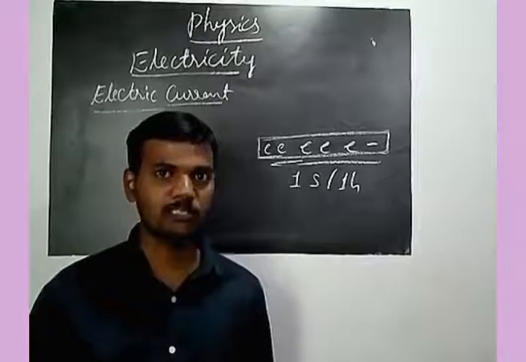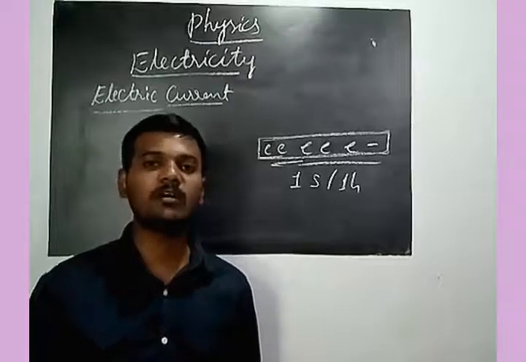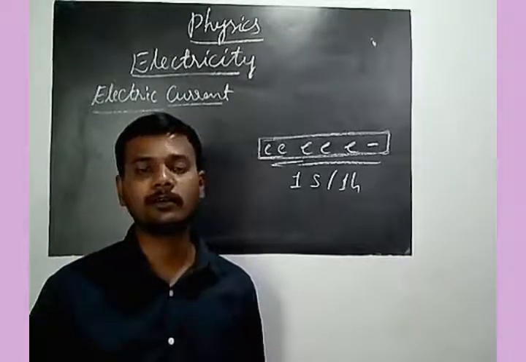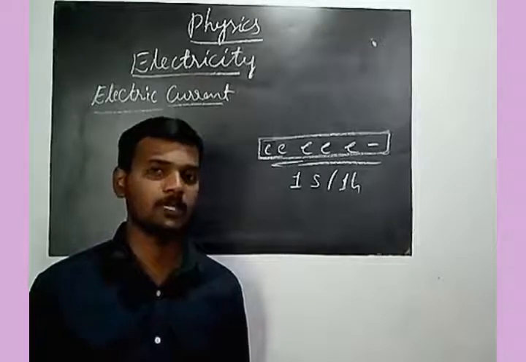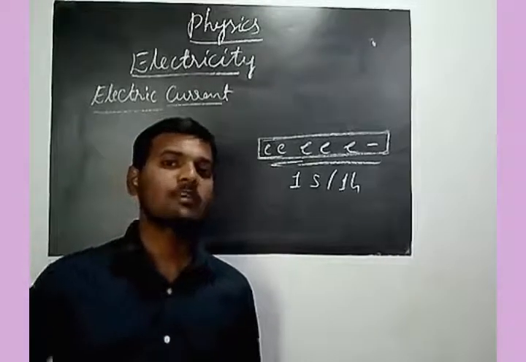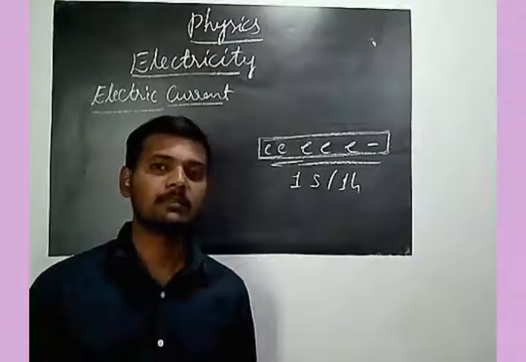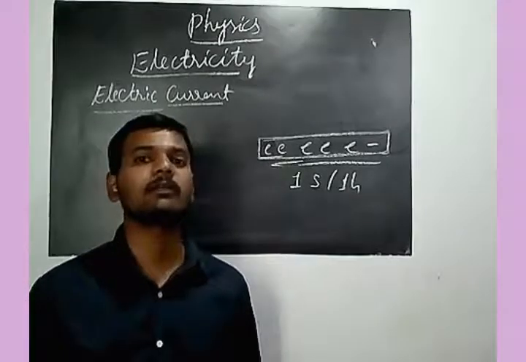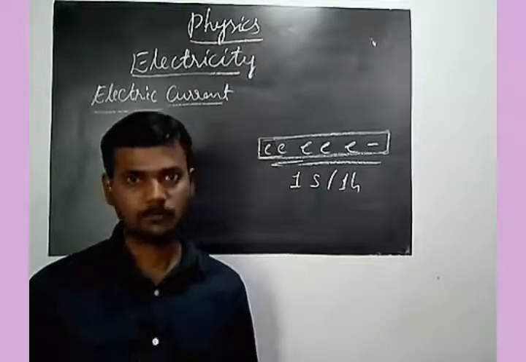In 1 unit time, how many electrons are flowing in that conductor generates the electric current.